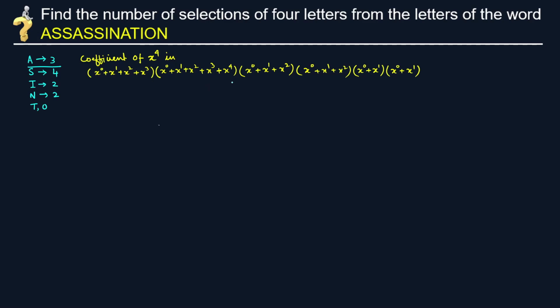Same thing with S, same thing with I, same thing with N, and same thing with T and O. I hope it is clear now. So now, this is for S selection, I selection, N selection, T selection, and O selection.